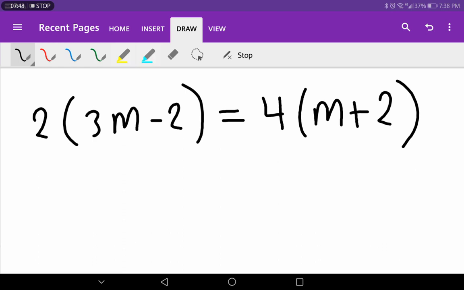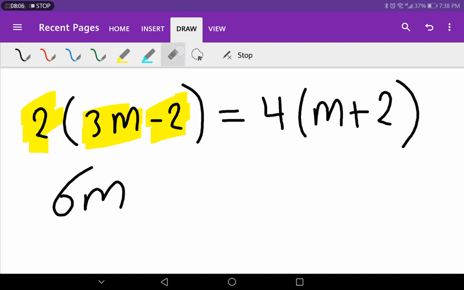As you know, we have to break the parentheses, my dear students. So this 2 must visit this guy and this guy, and visit means multiply. Okay, let's go. 2 multiplied by 3m equals 6m. Great, we are done with this. Now 2 multiplied by negative 2 equals negative 4. Bravo, you are great.